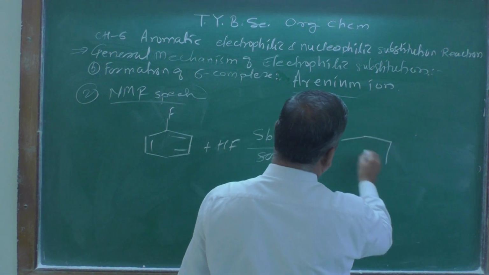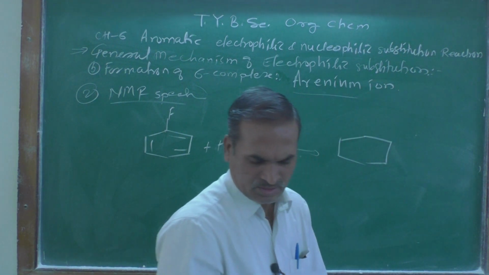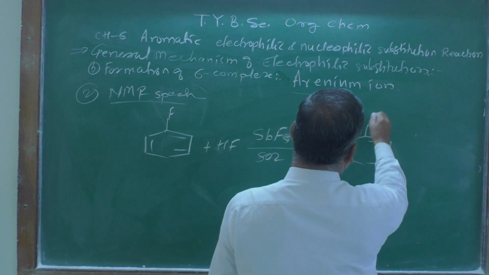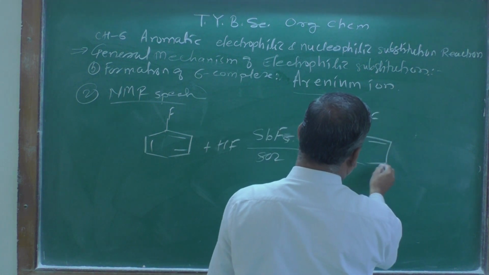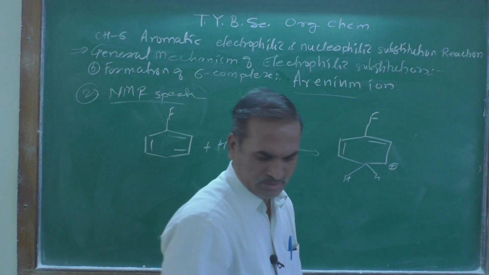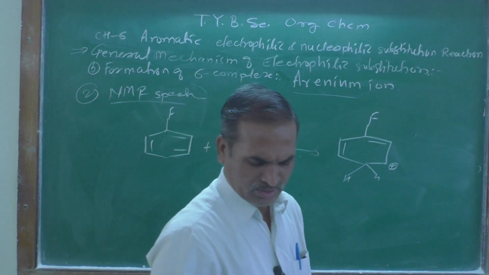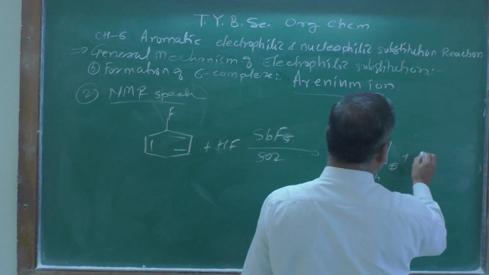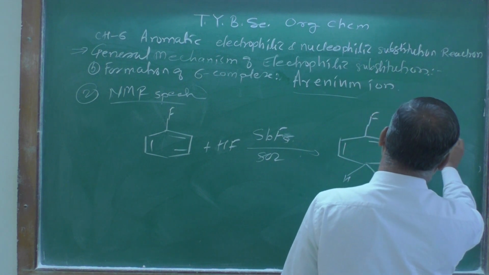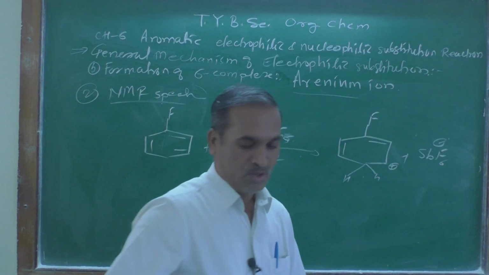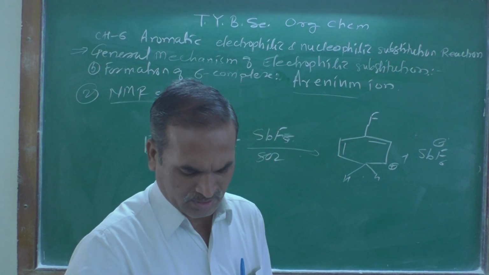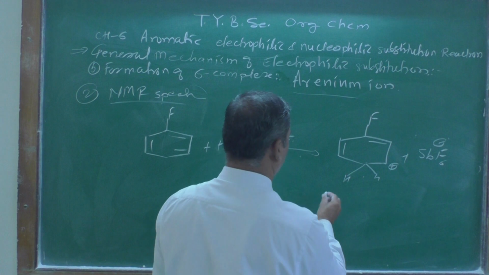The compound formed is like this: fluorine, here a positive charge, hydrogen, and SbF6 minus charge over there. And this also proves that the sigma complex is detected by NMR.